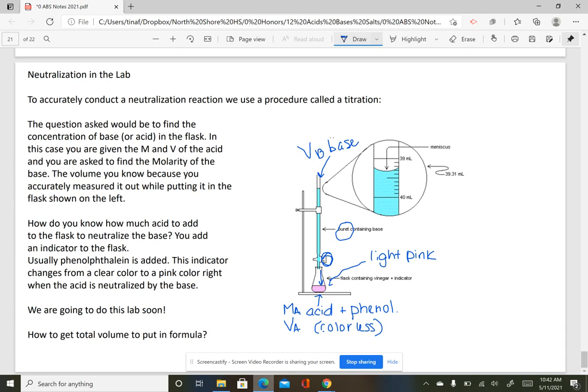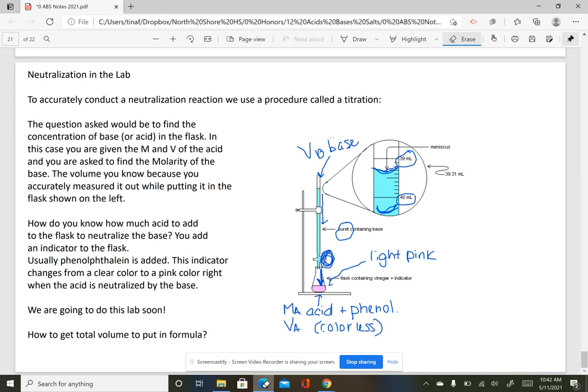Something else that's worth looking at right now is how a burette is numbered. It's actually numbered upside down, opposite of a graduated cylinder. See how I have 39 up here and 40 down here? When I open up this nozzle and my liquid starts pouring into this flask, the level of this meniscus is going to go down. What we want to do is look at where we started and where we ended to figure out how much base we added to that flask.